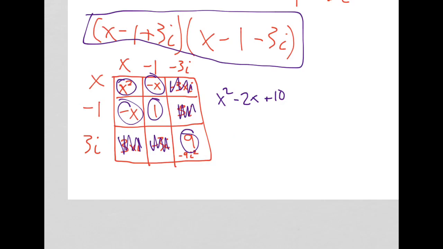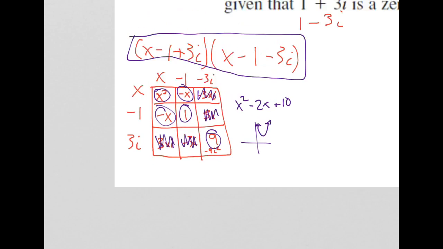This quadratic doesn't have any real x-intercepts, because if a polynomial function has a real x-intercept, it will have a real factor and real solutions. But this quadratic only has these two imaginary solutions.